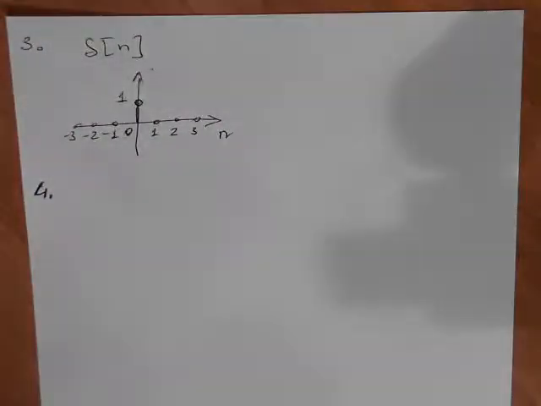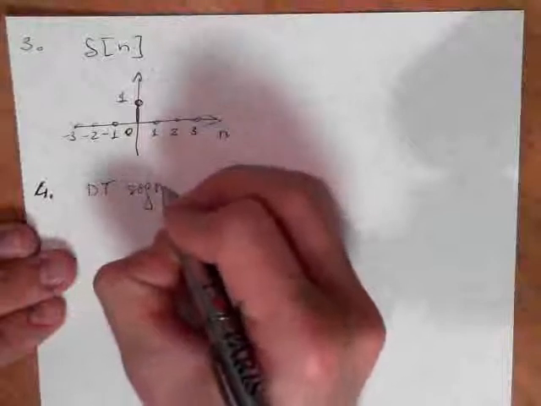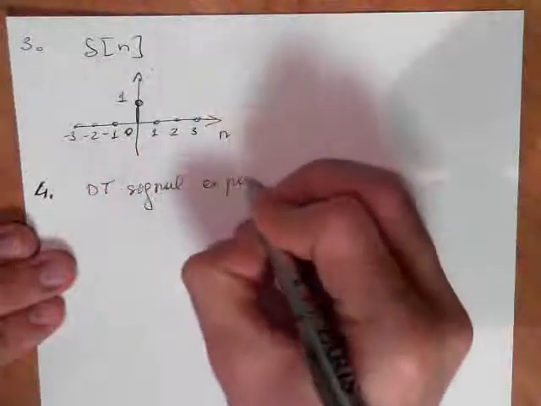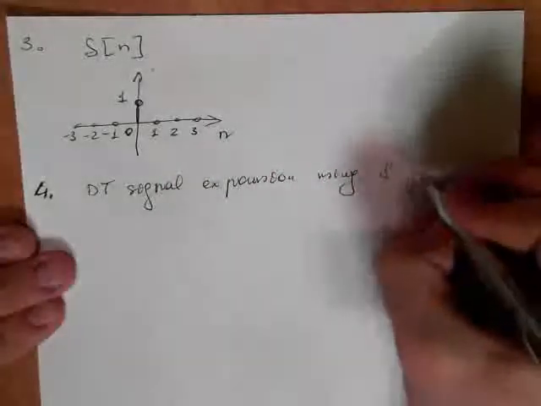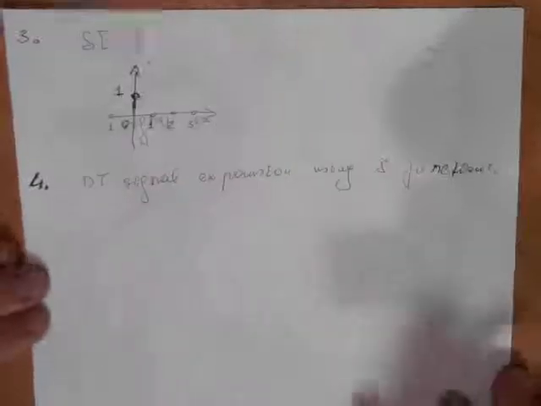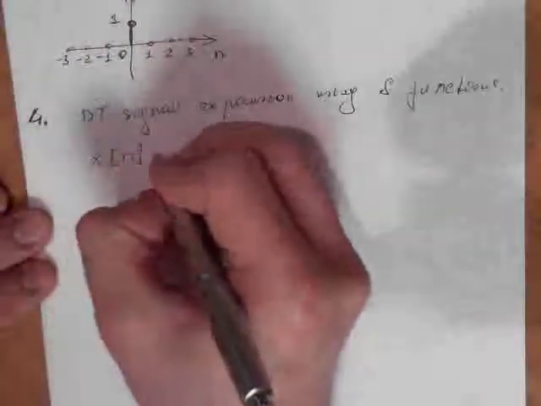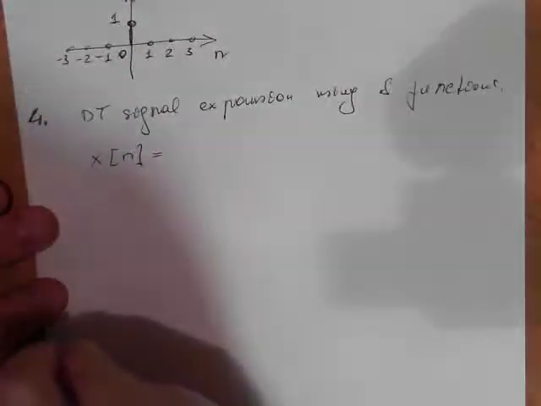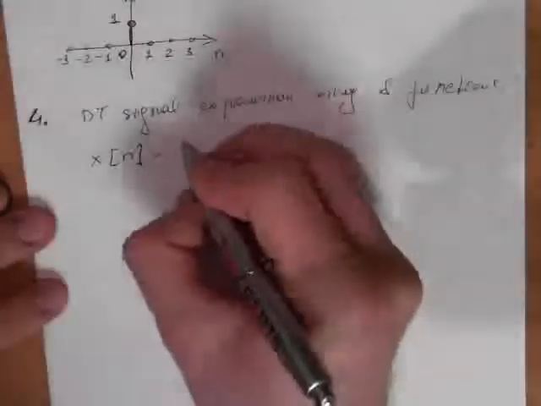Then we move to question number 4. It is the discrete time signal expansion using delta functions. Any discrete time signal x[n] can be expanded by a bunch of simple signals, delta functions.